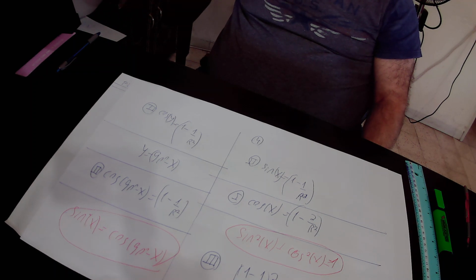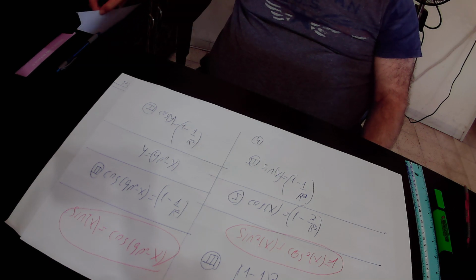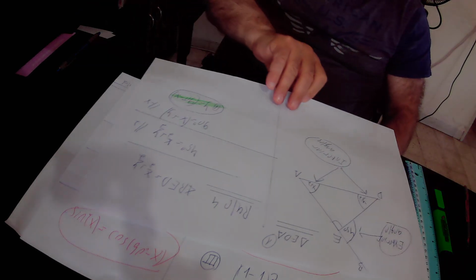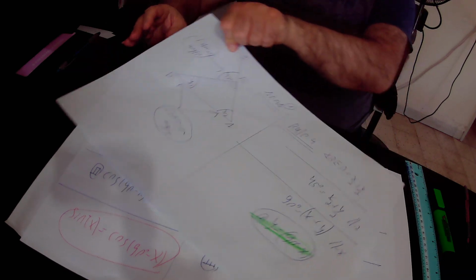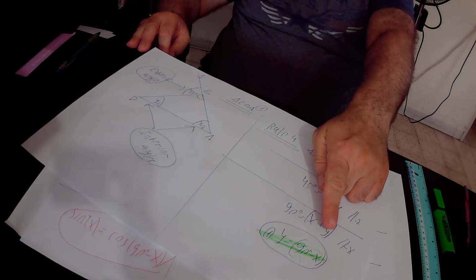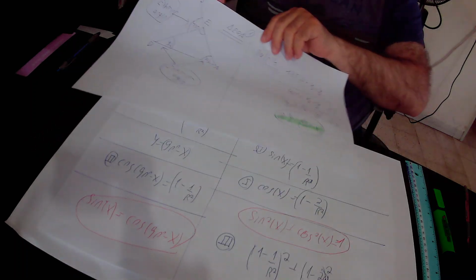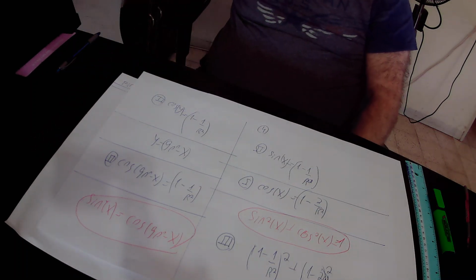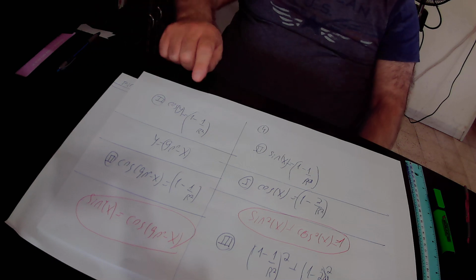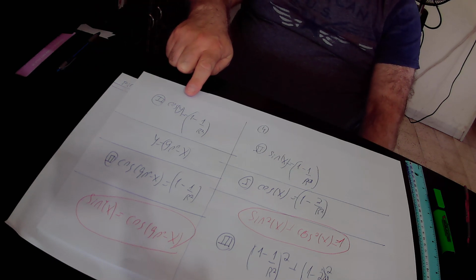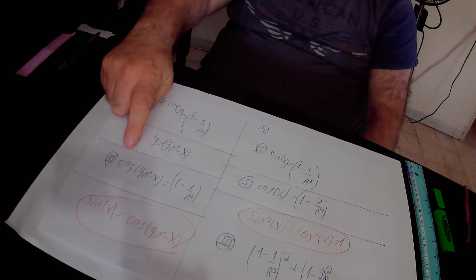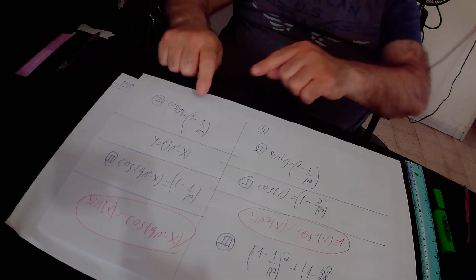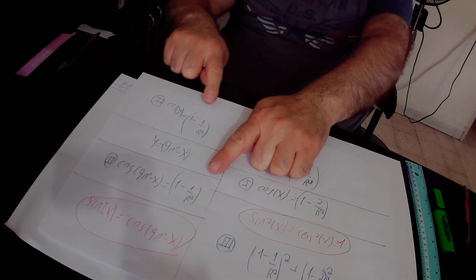But we actually found out that Y equals 90 degrees minus x. Now we can substitute Y in equation 2 by 90 degrees minus x. We did it and found out actually that cosine Y, and Y is 90 degrees minus x, equals 1 minus 1 over R squared.